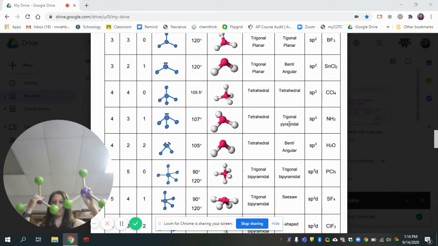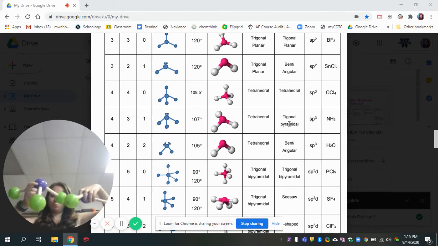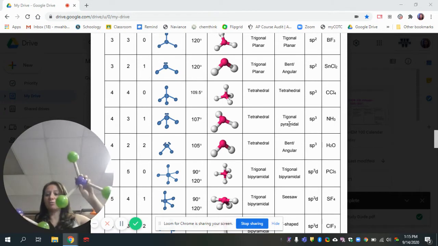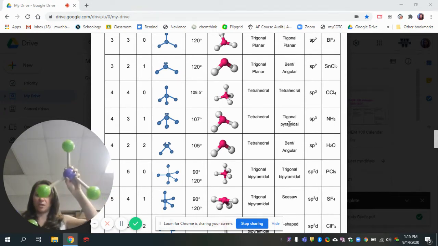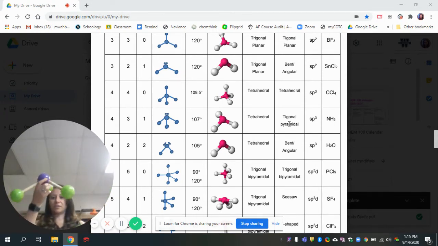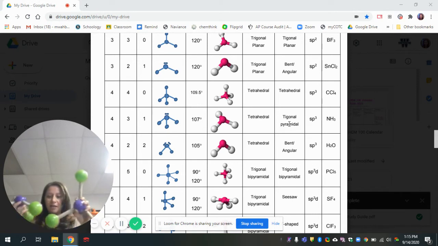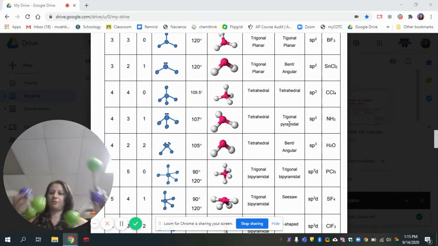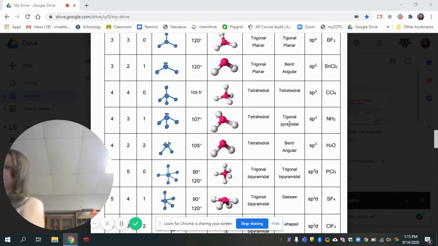They're both base 3, but this is planar because it's in one plane, and this is a pyramid because they're squished together, right? Now, why is that? Because this has only 3 areas of electrons. 3 things can be 120 degrees apart, versus this has 4 areas of electrons. Remember, there's a lone pair on top here that's pushing those 3 down. They can't be flat like this. And so trigonal planar versus trigonal pyramidal.